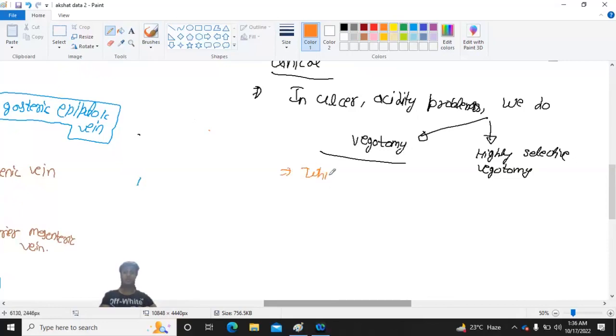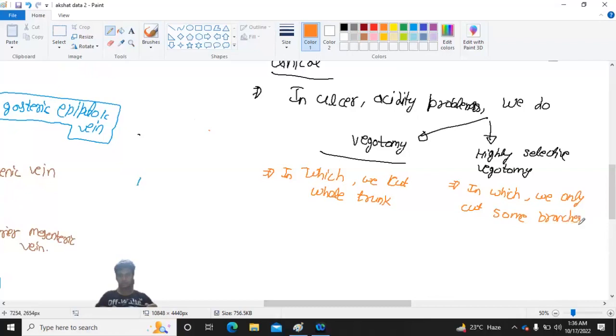And in highly selective vagotomy we only cut some branches, basically the fundus branches.